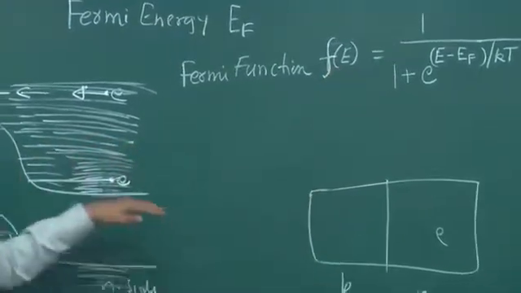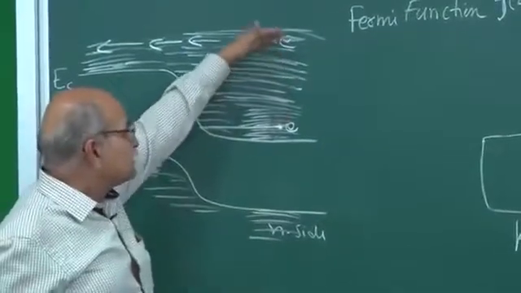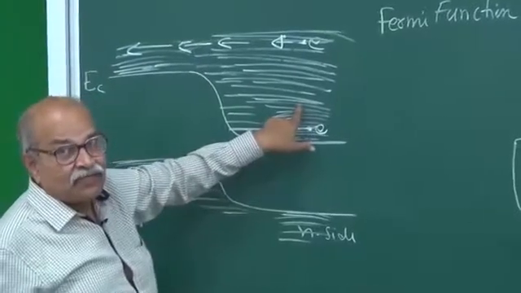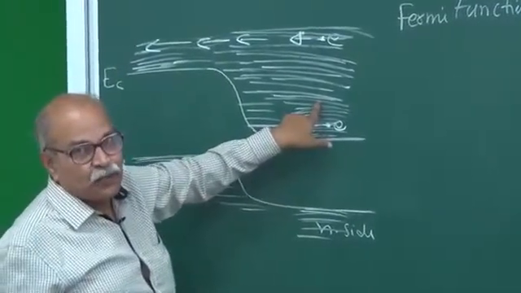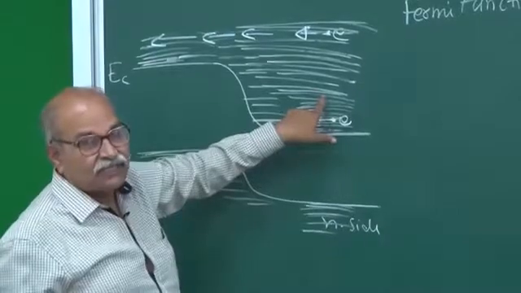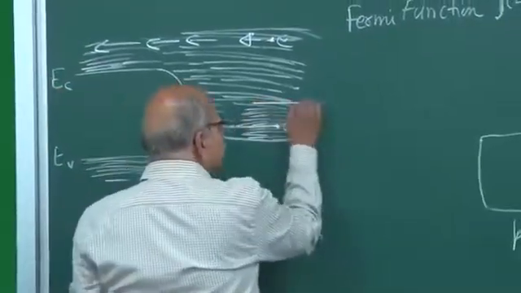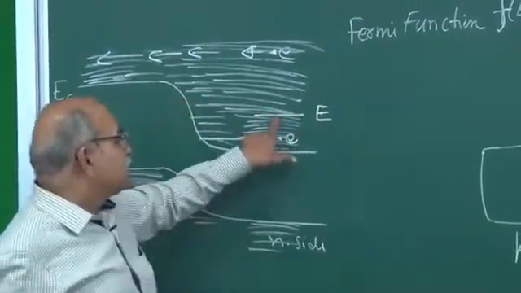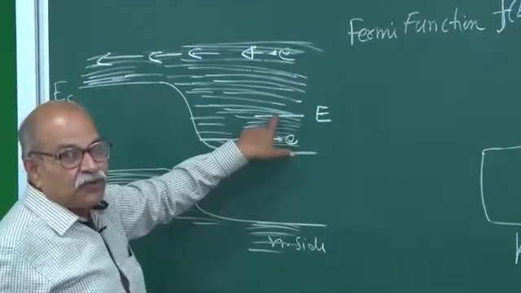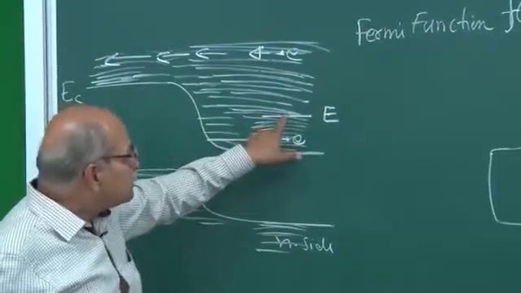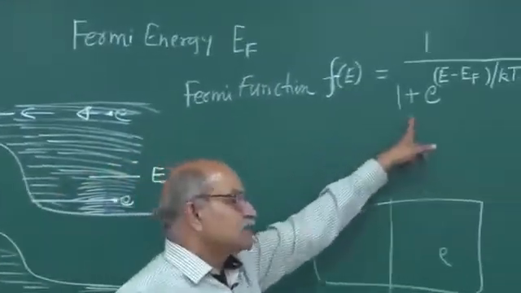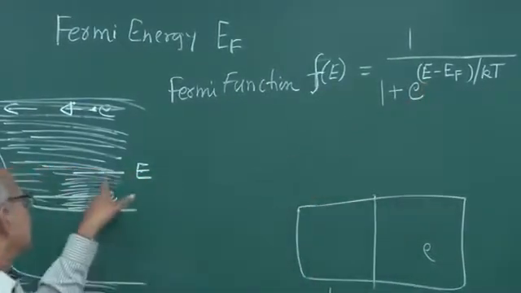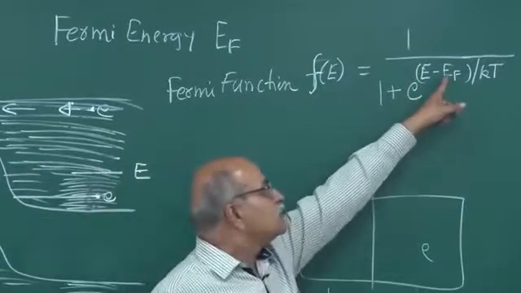So I repeat, you have these quantum states, and each quantum state can be occupied by an electron or it can be empty. No two electrons can go in one quantum state. So if I ask, this is the energy, at this energy I have a quantum state, what is the probability that an electron is occupying this? That probability is given by this function. It depends on temperature, and this is the energy at which I am asking about the quantum state, and this is the parameter.